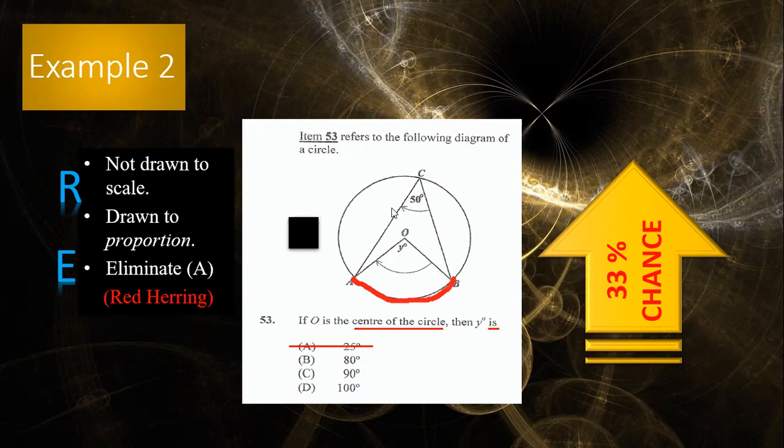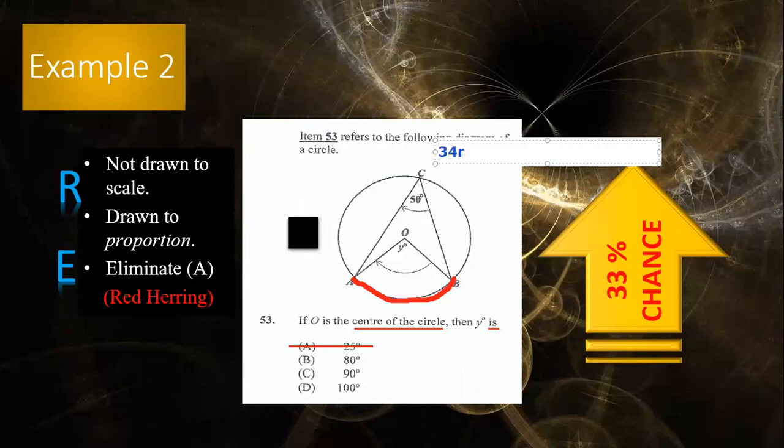All right, so what you can do for me, I said I was going to throw it out to you. Even though it's not drawn to scale, if you have a hard copy of this question, measure this angle here, Y, and measure this angle here, C. Now, C might be some other angle, let's say some angle like 34 degrees.